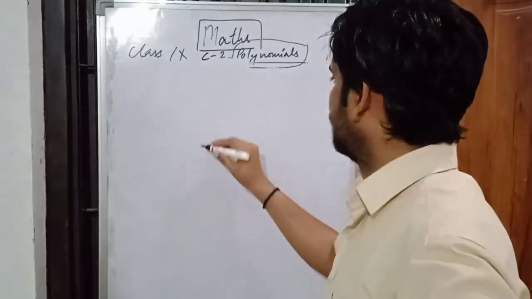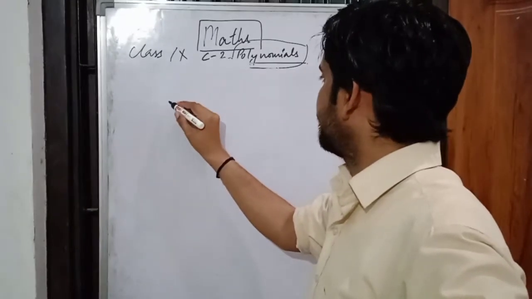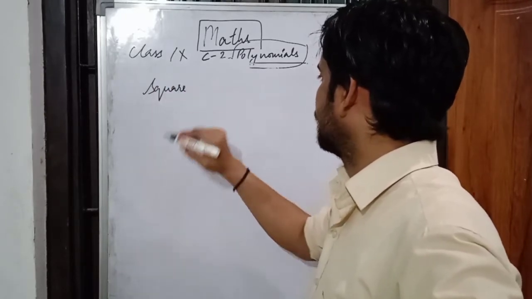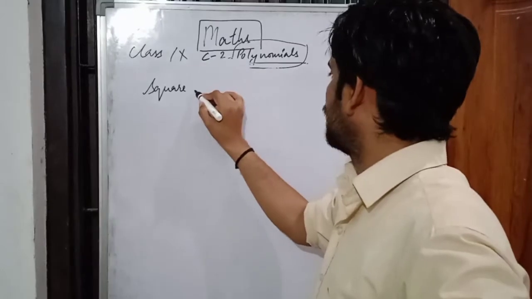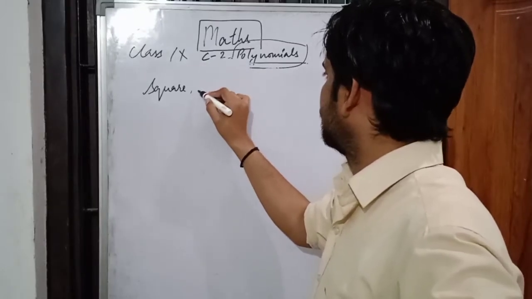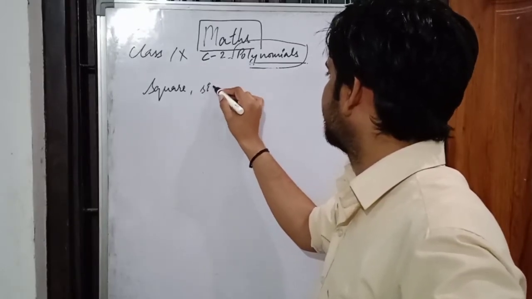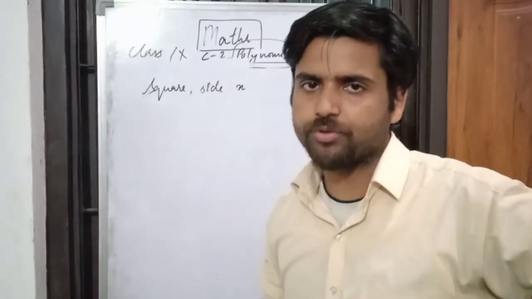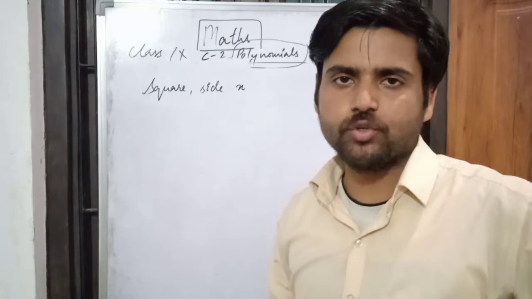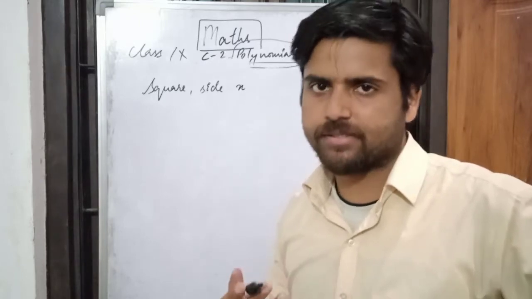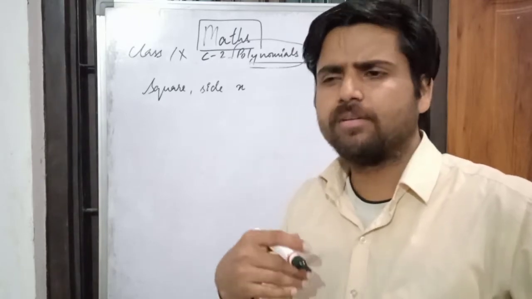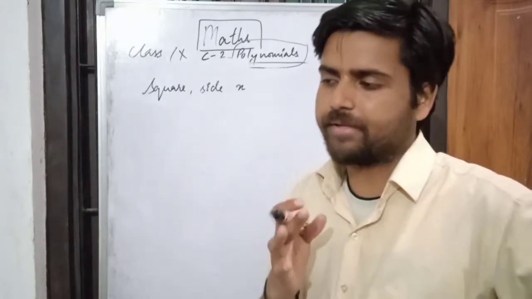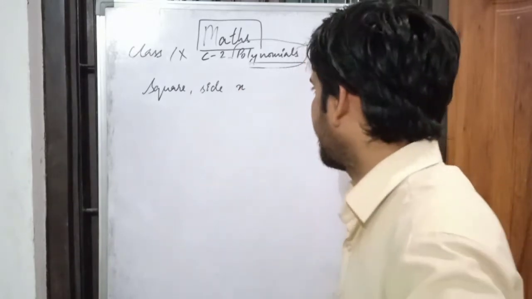For example, let's take a square whose side is x, because I don't know the value of x. I have assumed the value of x as anything. The side of the square is x. X can be anything.